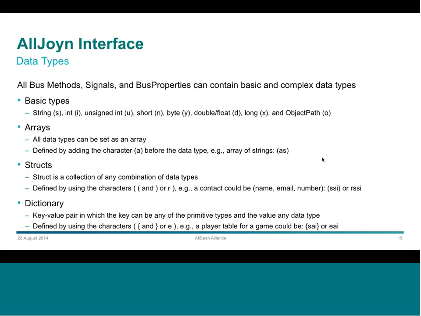We also have dictionaries. So this is key-value pairs, where the key can be any of the primitive types, and the value can be any combination of the primitive or complex types. So for example, maybe a player table for a game could have a hash where there is the player name, and there is an array of integers that represents its position in space.